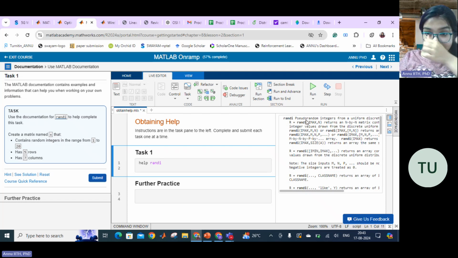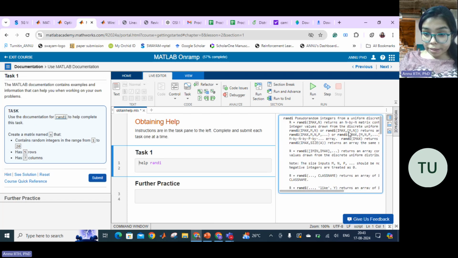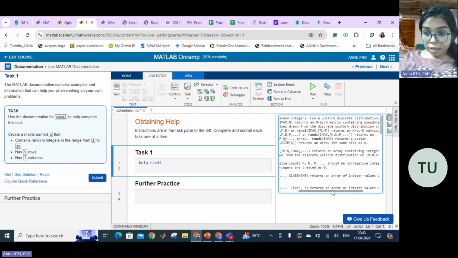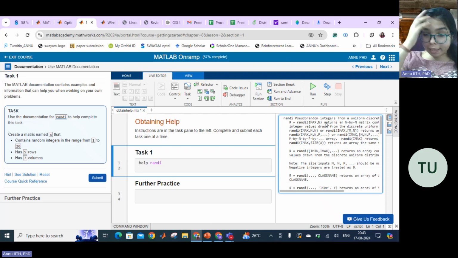It returns pseudo random integers from the uniform discrete distribution, an n by n matrix containing integer values drawn from the discrete random variable on 1 to I max.